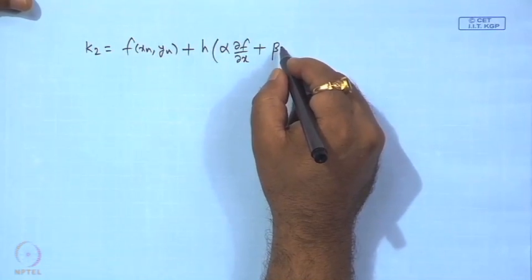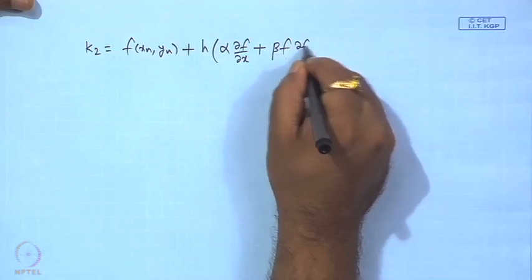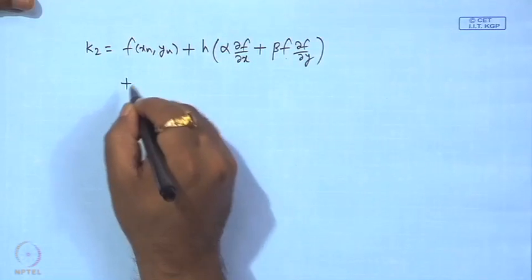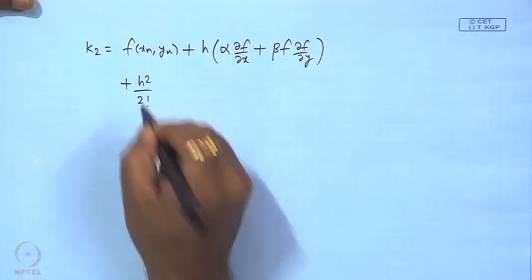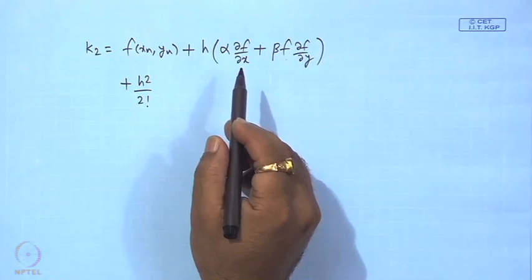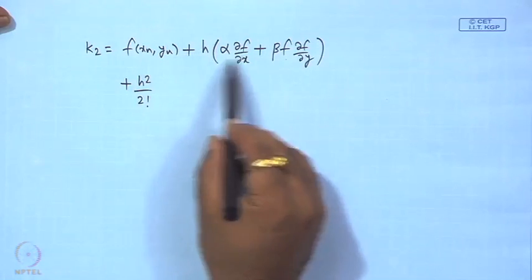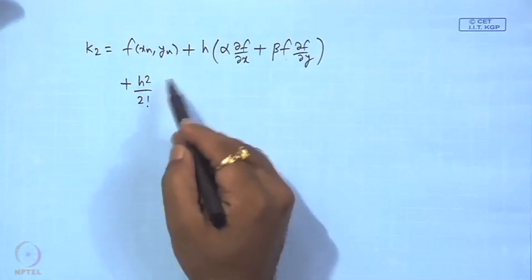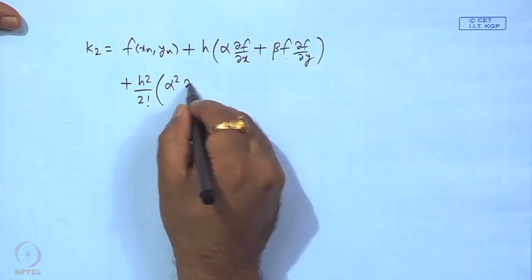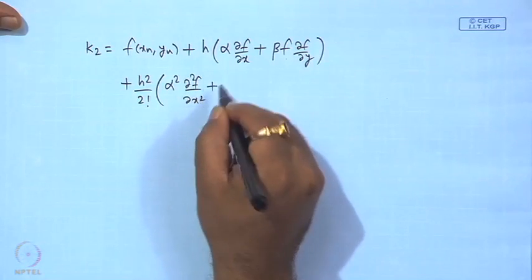So, that k 1 is nothing but f. So, that becomes an f there, plus, because what is our aim? Our aim is to compare with the Taylor series expansion. So, our Taylor series expansion has exactly this kind of form, h square by 2 factorial etcetera. So, we are trying to put it in that form. Okay.